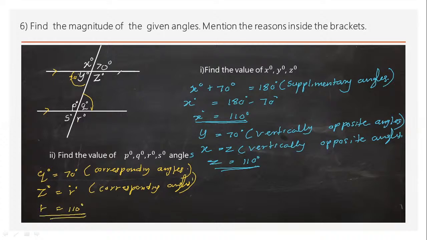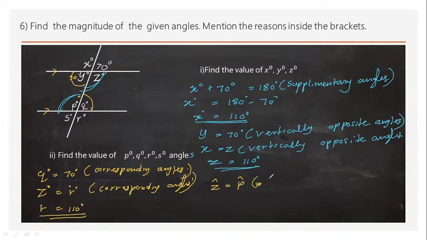Then we can get the value for this side also. z equals p. What is the reason?